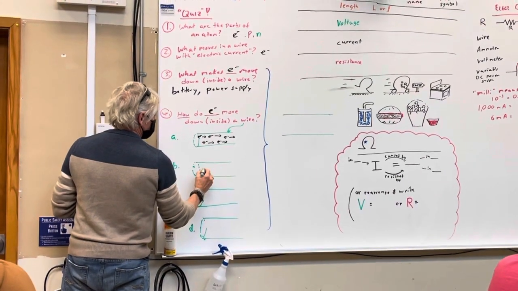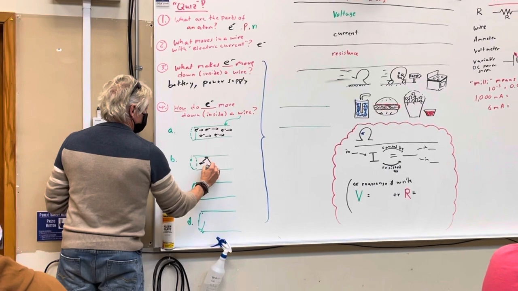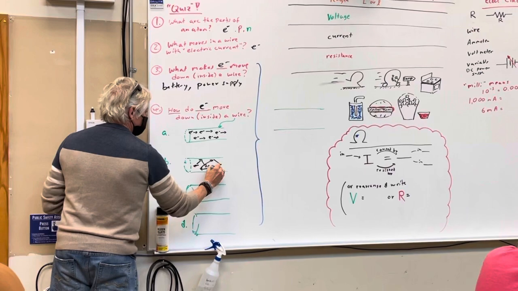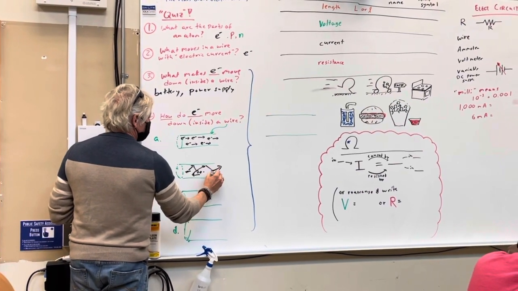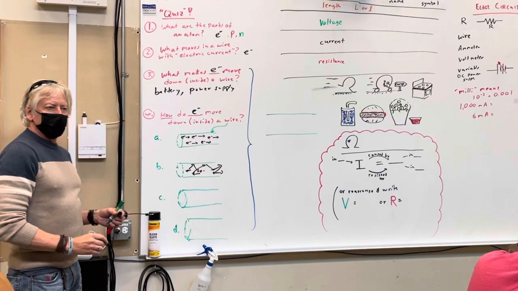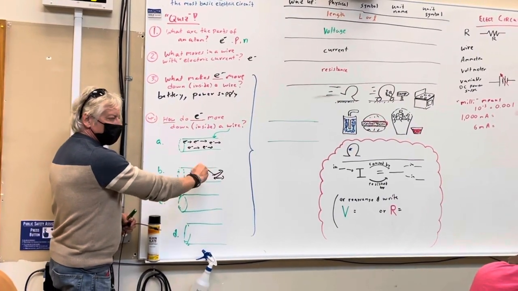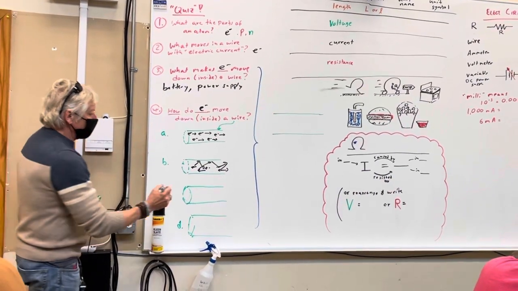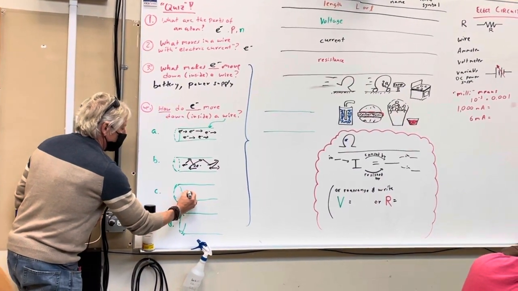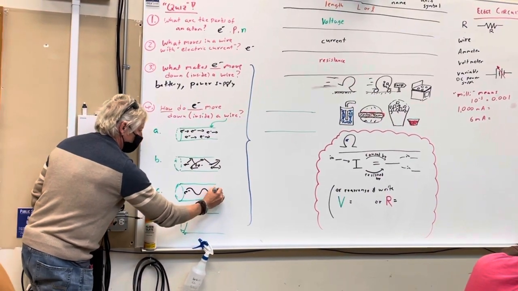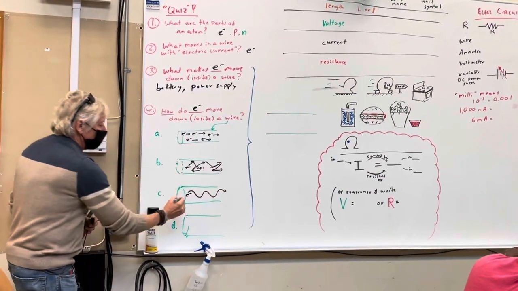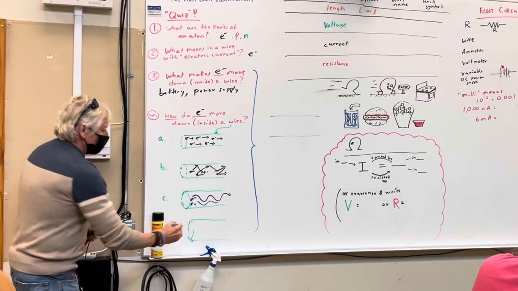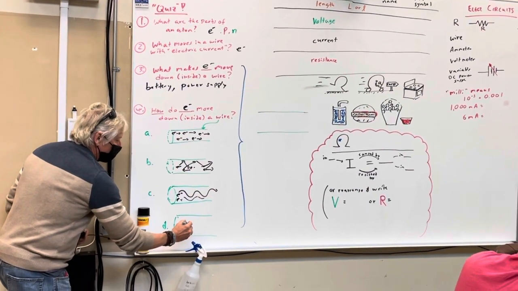Do the electrons go kind of back, there, over here, just kind of like that, but still making their way down? Do the electrons go like this, heading down the wire like that, a bunch of electrons doing the wavy thing? Or do the electrons go like this?